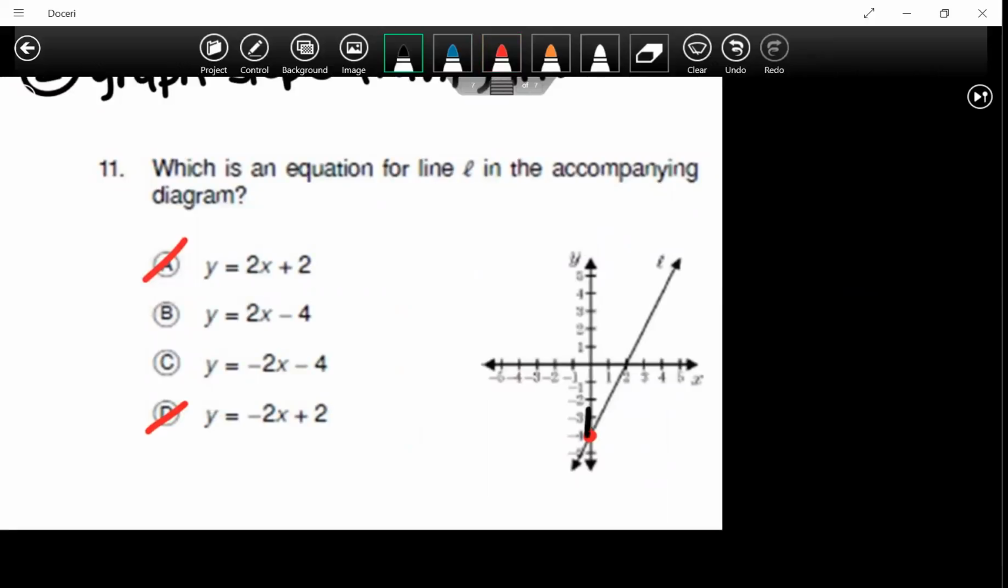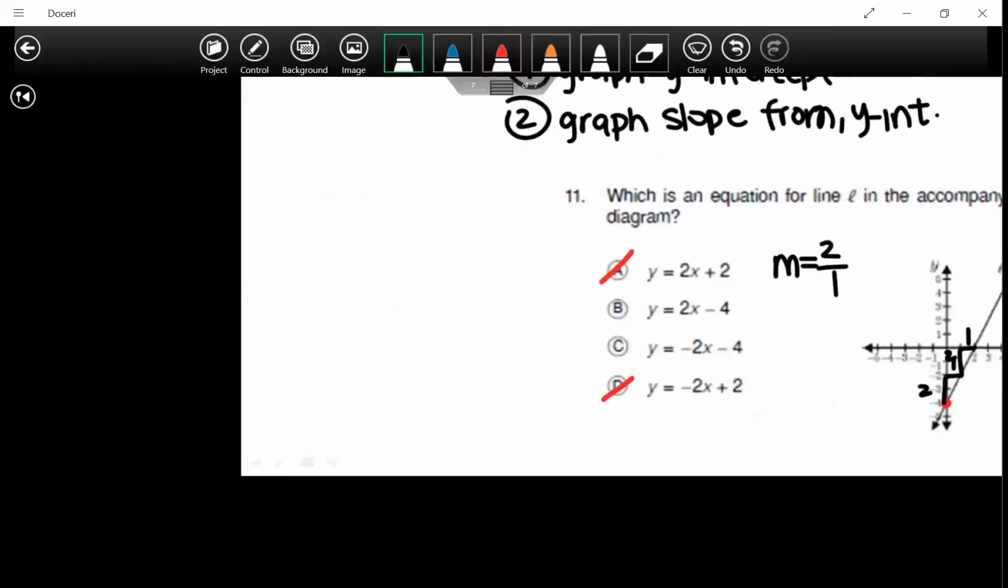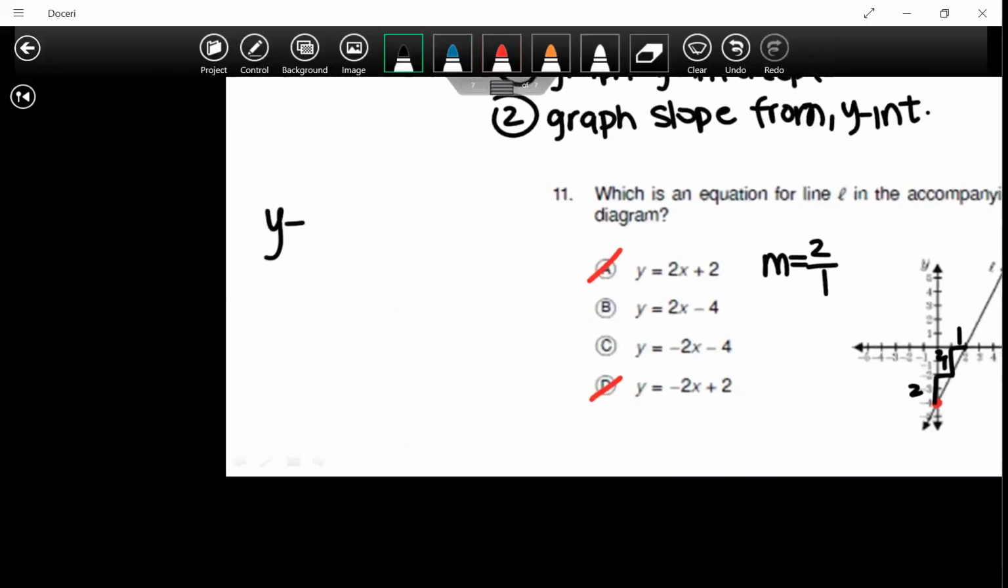If I go up 2 and over 1, it follows my slope, which is 2 over 1. So if I write this whole thing out, y is equal to 2 over 1 x minus 4, or y is equal to 2x minus 4. My slope is going upwards, so using Mr. Slope, I know it has to be positive, so it can't even be C.